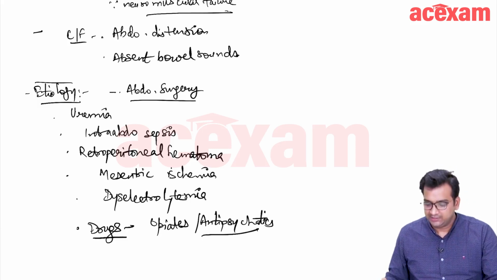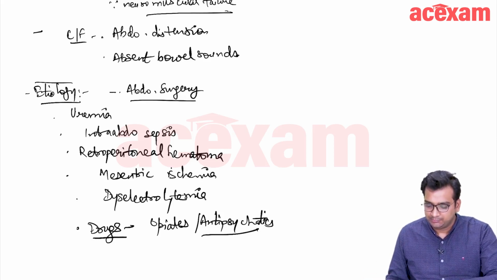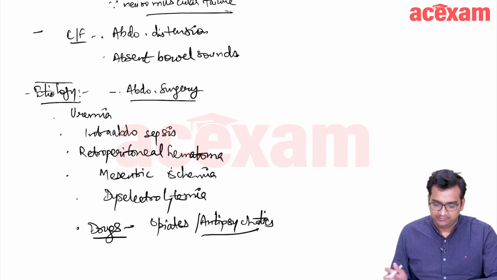Okay, so these are the causes for paralytic ileus. This abdominal surgery, or post-operative ileus, is very common.